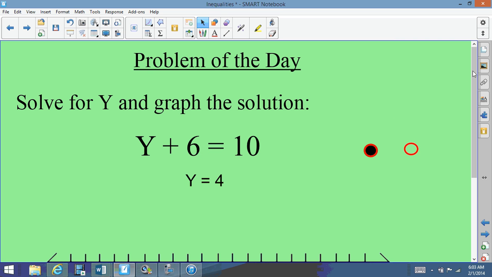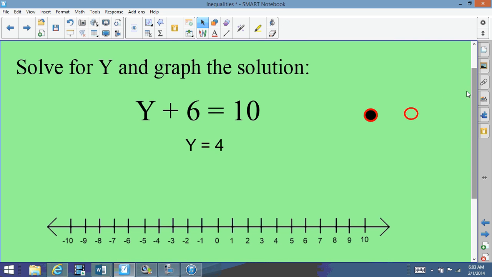And our graphing symbol we have to use would be the colored in circle, because we would just draw a dot on that point. So our answer would be just 4, and we would just put a dot or a colored in circle on the 4 to graph it.